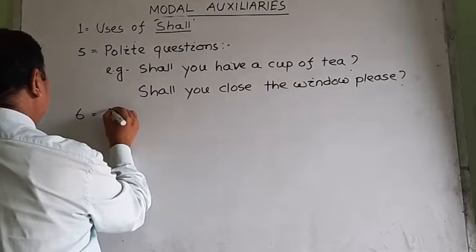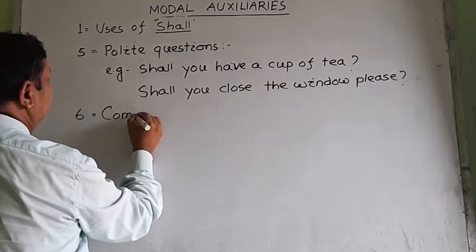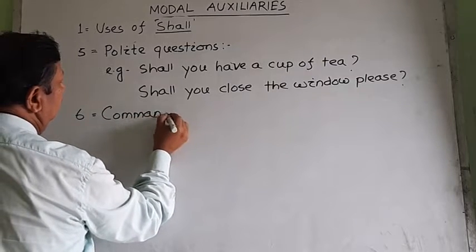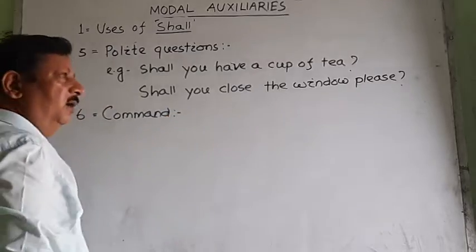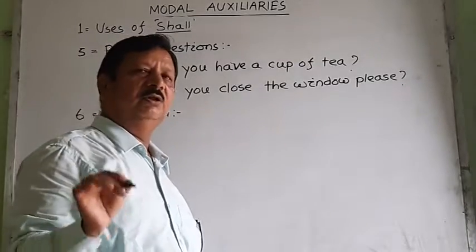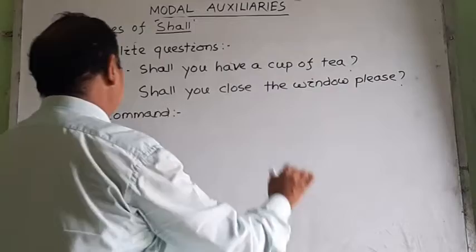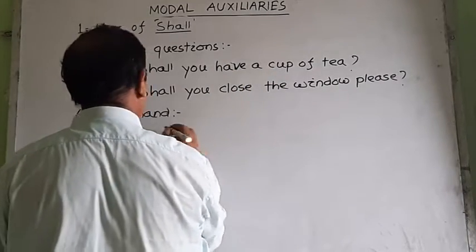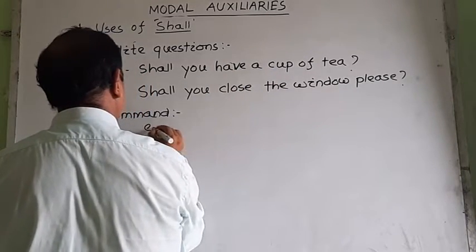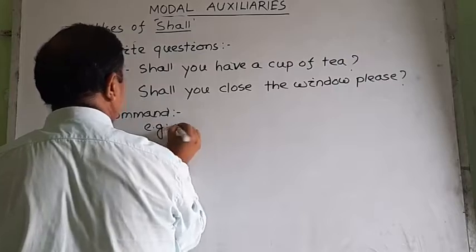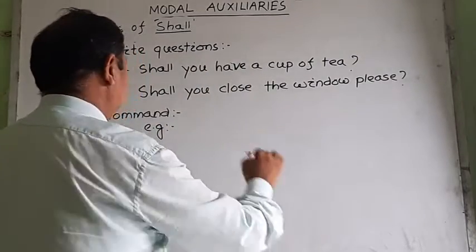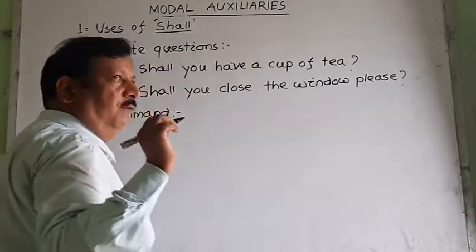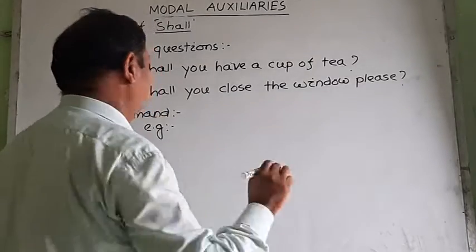We have another one. What is that? Command. Even we can express command using shall with the second and third persons. How is it? For example, you must have heard a proverb. What is it?